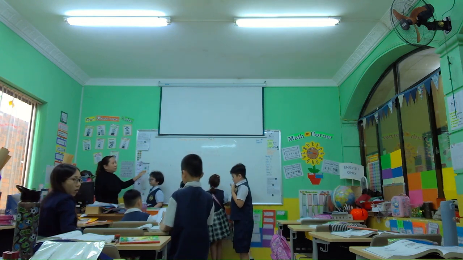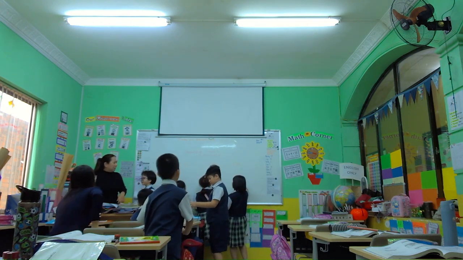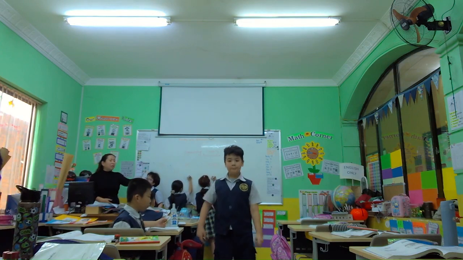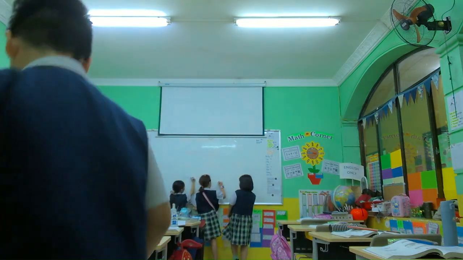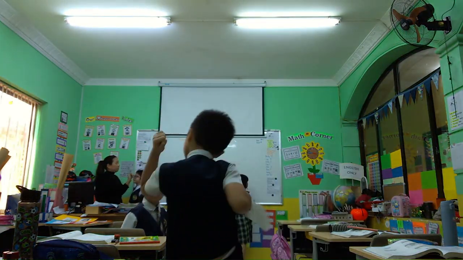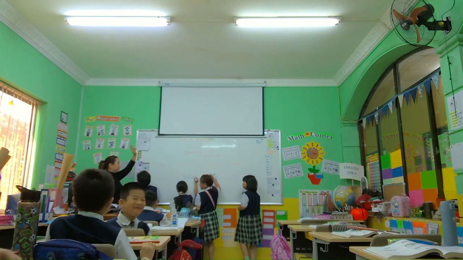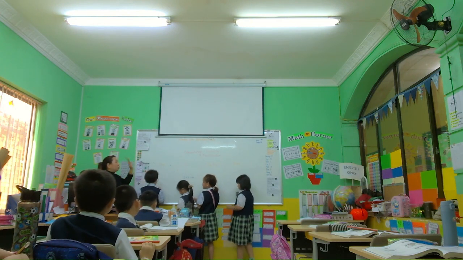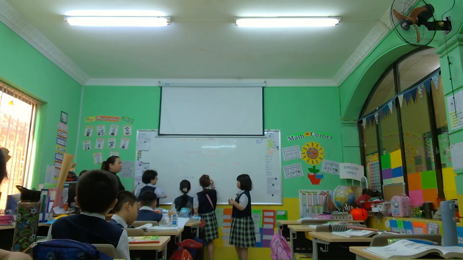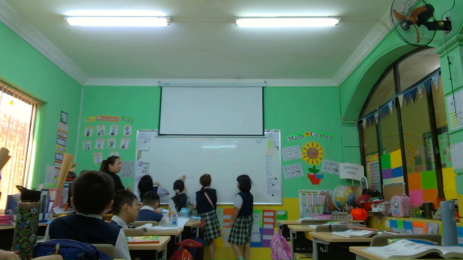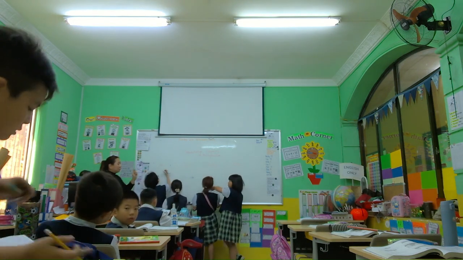Okay, now, listen again. What are you going to write on the board? Who is not listening, raise your hand. Do you remember, I already showed you the example of the commutative property of multiplication.